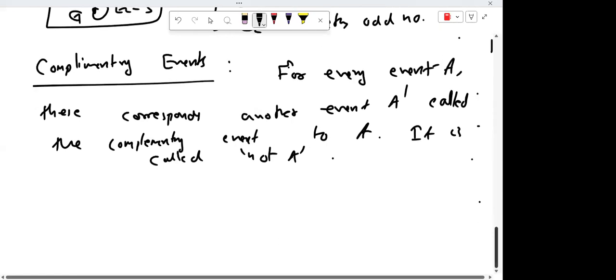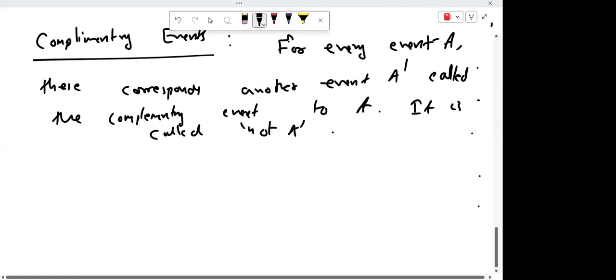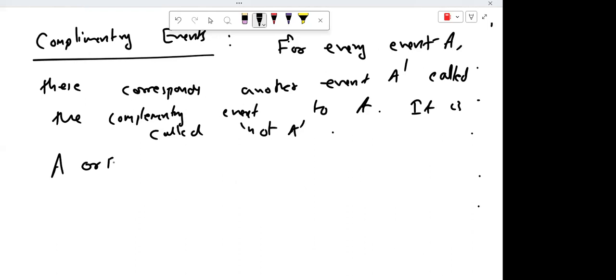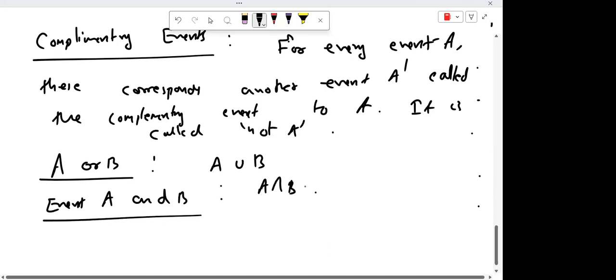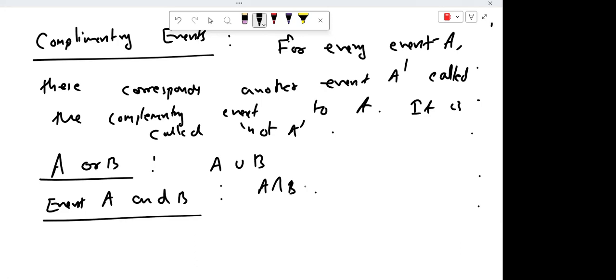These are class 11 topics, just giving you revision. If they ever say event A or B, that means A union B. If they ever say event A and B, that means they are asking about intersection. Okay.